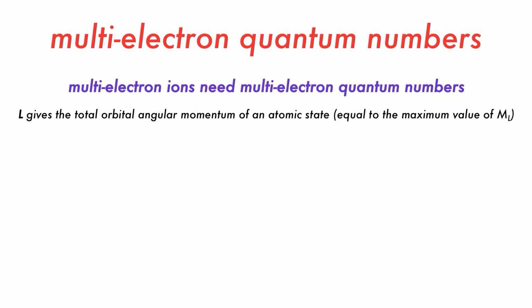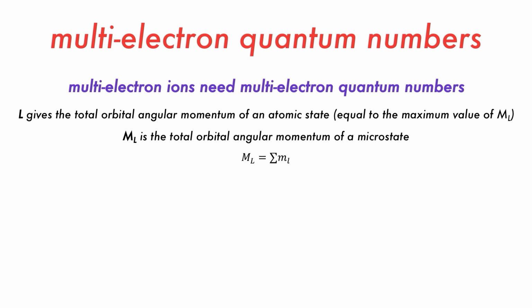So now uppercase L is going to be the total orbital angular momentum of the atomic state, given by capital M sub L, which gives the total orbital angular momentum of a microstate. Capital M sub L comes from the sum of all the lowercase ml values. So each unpaired electron will have an ml value, which is summed to give the ml value for the microstate, which will range from minus L to plus L, much the same as for the single electron quantum numbers.